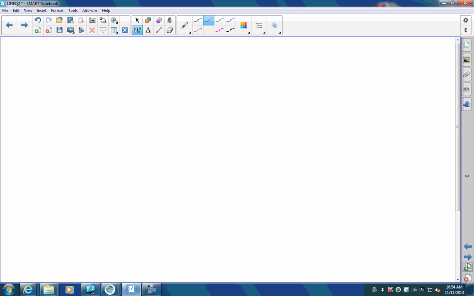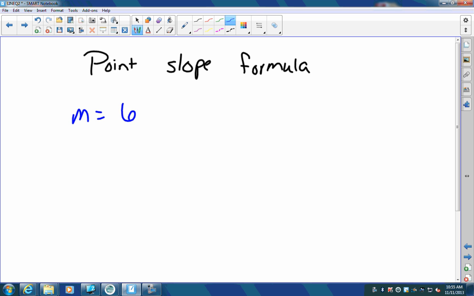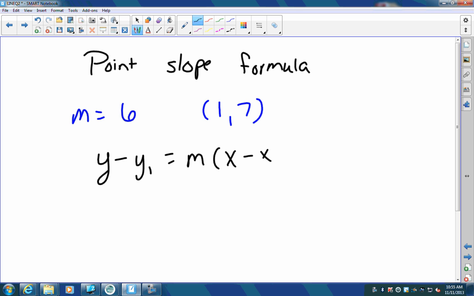Now, another formula that we're going to use is called the point slope formula. And with the point slope formula, you're going to be given a slope, for example, 6, and a point. The formula for point slope is y minus y1 equals m times x minus x1.